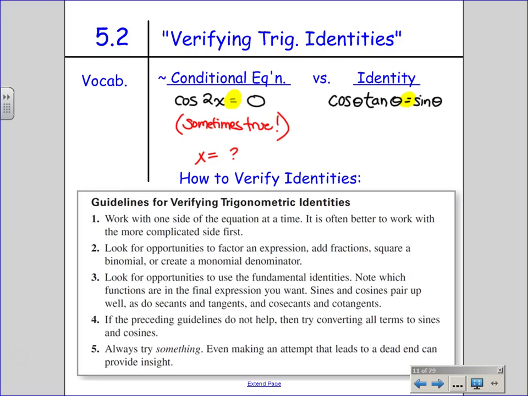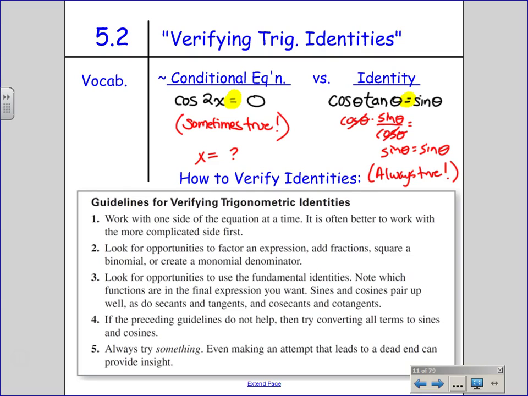What's different over here? Couldn't we do cosine of theta times sine over cosine of theta equals, and then say, wait a minute, isn't this always true? What's the difference? Over here it's true for certain x values, for certain thetas, for certain angles.